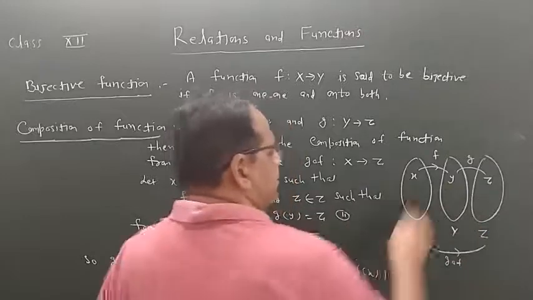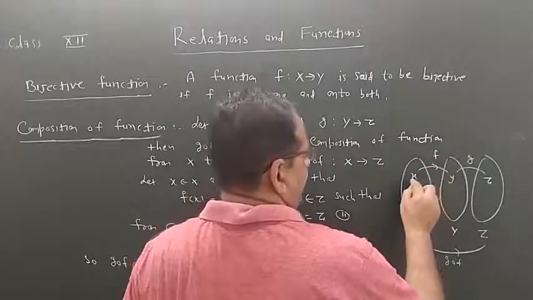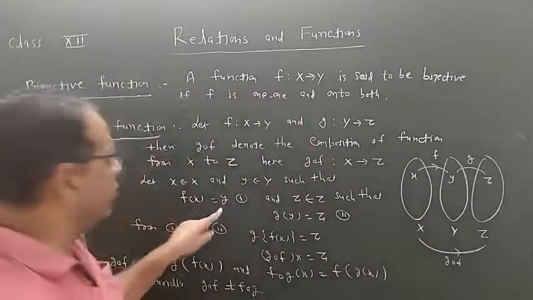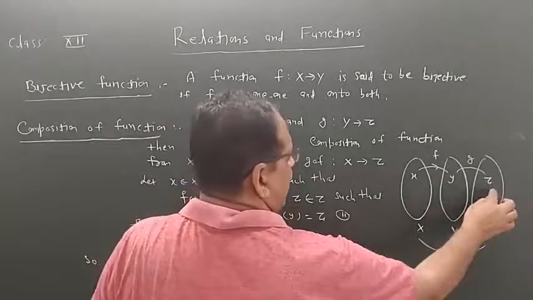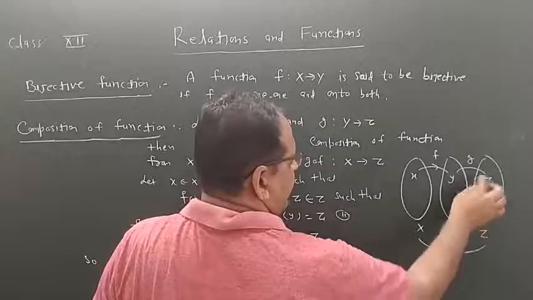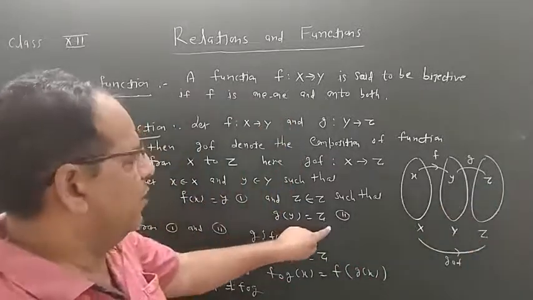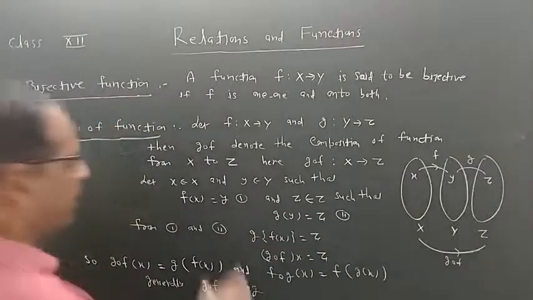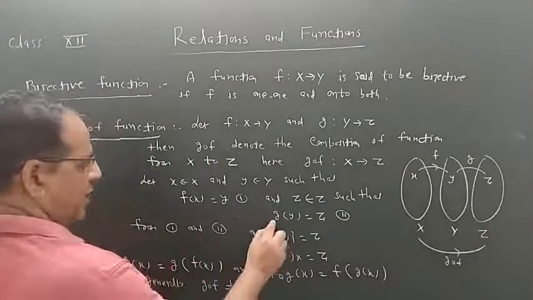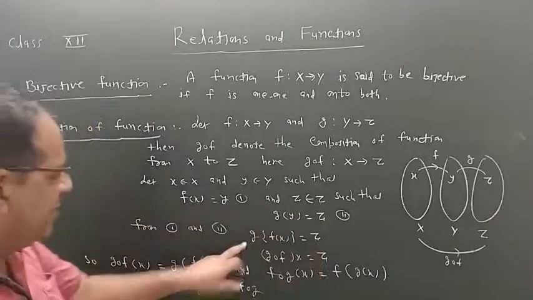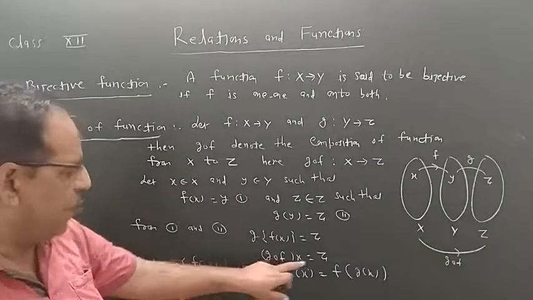f is the function which associates each element of X with Y in such a way that f(x) equals y. Similarly, g is the function such that g(y) equals z. If we combine both the equations, we can write g(f(x)) equals z, and g(f(x)) is indicated by gof(x).